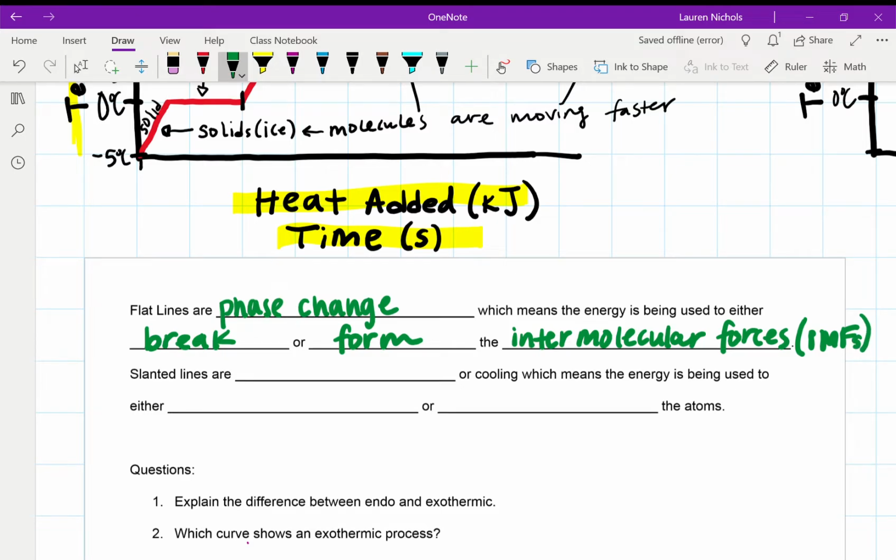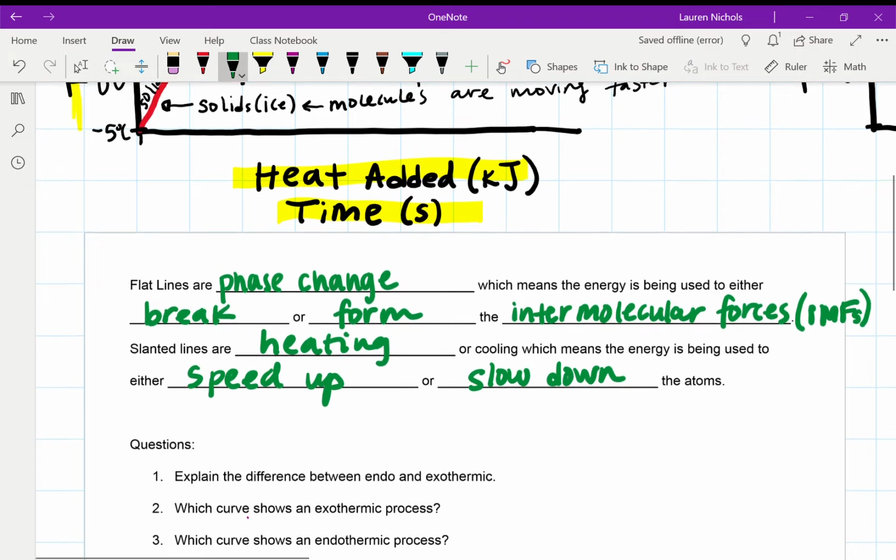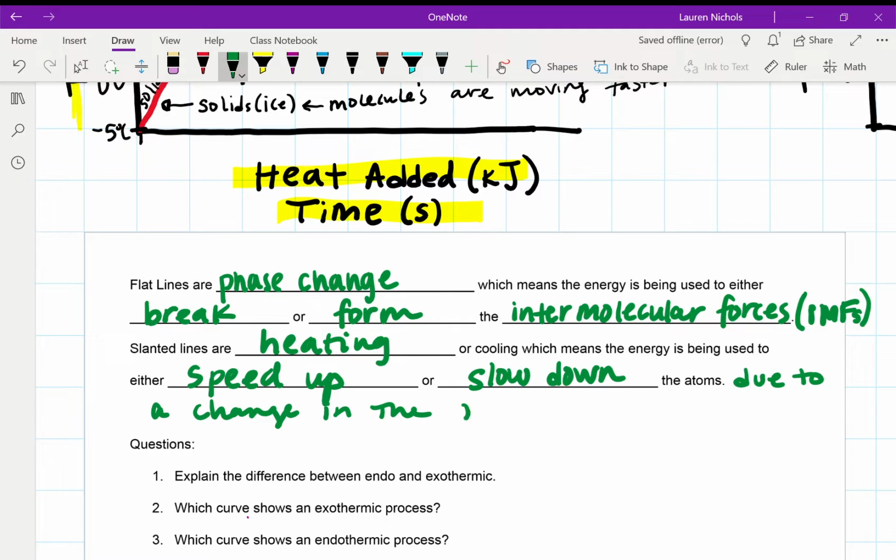Intermolecular forces. And the slanted lines are heating or cooling. And so that means the energy is being used to either speed up or slow down the atoms or the molecules. And remember that speeding up or slowing down is due to a change in the kinetic energy, okay?